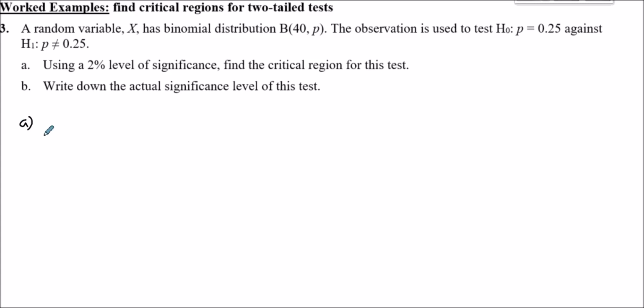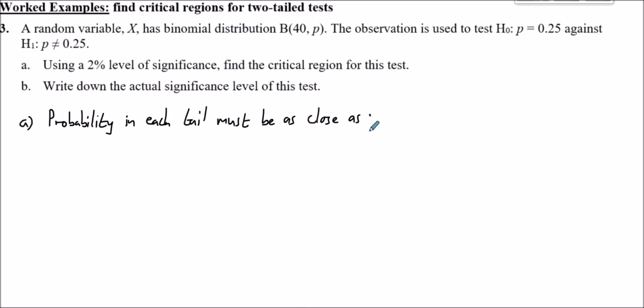So the probability in each tail must be as close as possible to 0.01.